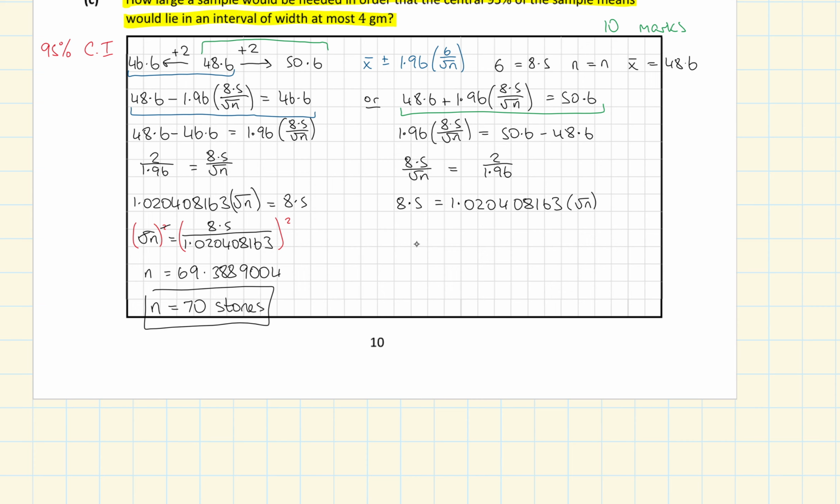And then as above, we're going to square it out. So we'll have here on the bottom 8.5 on top will be squared out, and then we have root n squared. The square will cancel, into your calculator and we'll get 69.3889.0004 will equal n. So then n again is 70 stones.